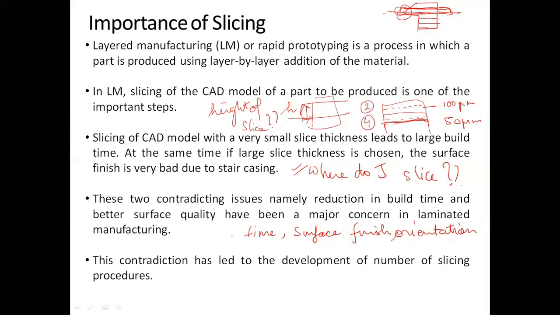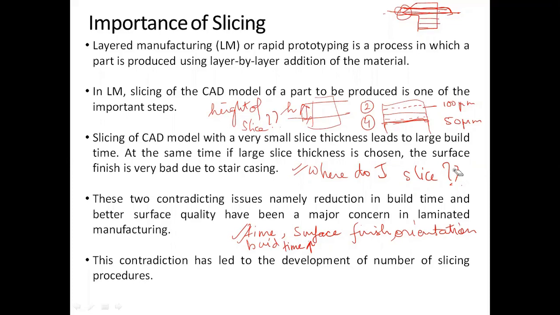So definitely the time of deposition will increase. Now if the time of deposition increases, the overall time in developing the product is going to increase. So the build time, this is what we call the build time, is going to increase.